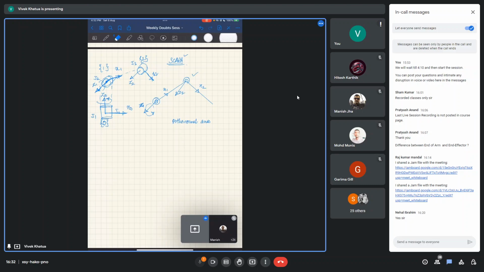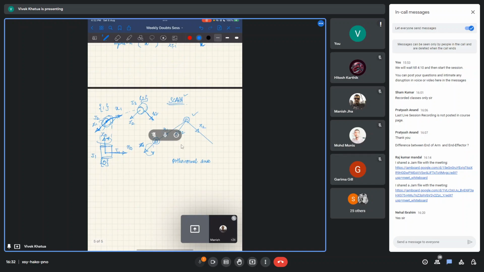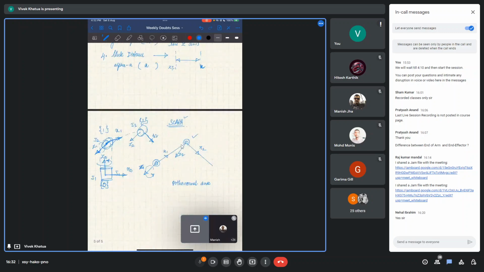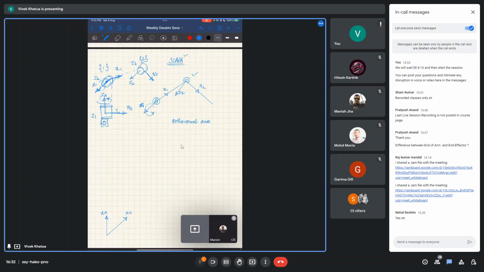I'll write it a little below so that we have space. Let me make it a little bigger also. X0, this is Z0. And the first frame that we have is here. Let me denote the origin also.